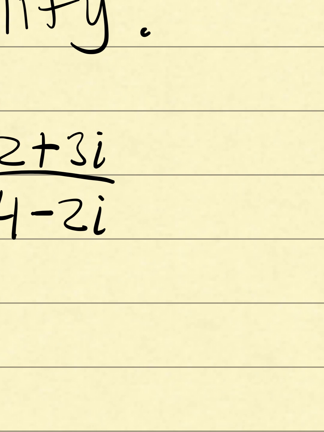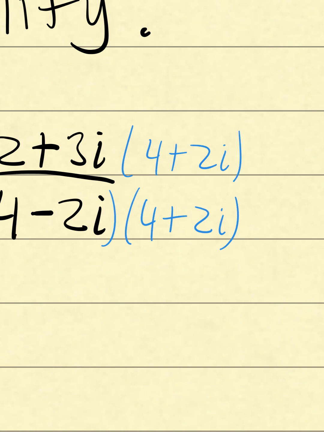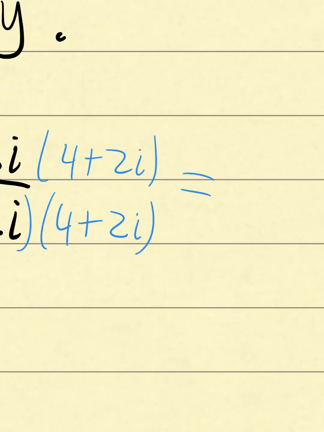Okay, good. The complex conjugate. Let's multiply. What's the complex conjugate of 4 minus 2i? 4 plus 2i. Very good. So let's do 4 plus 2i. And then what's the bottom going to become? Remember, there's a shortcut for this.